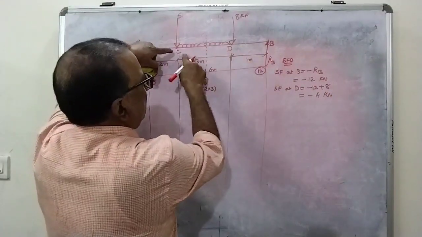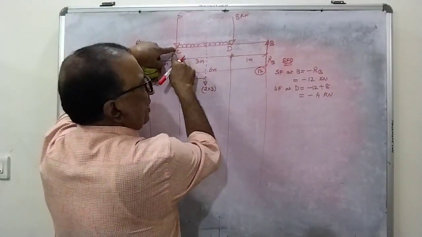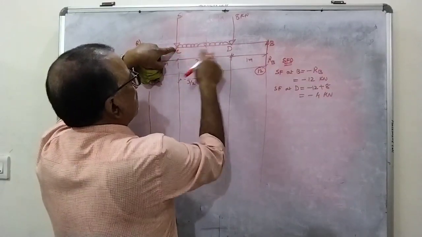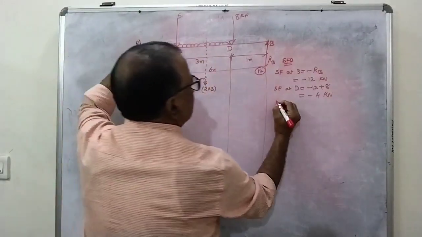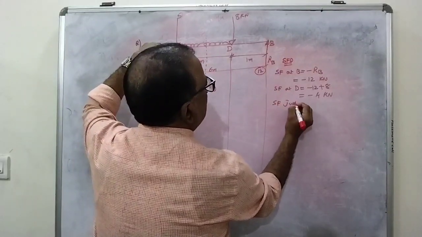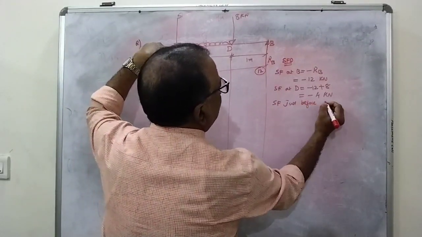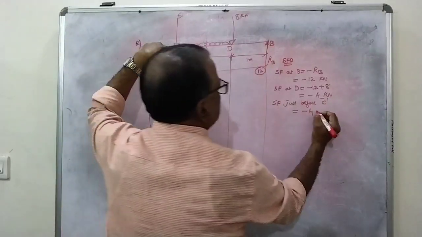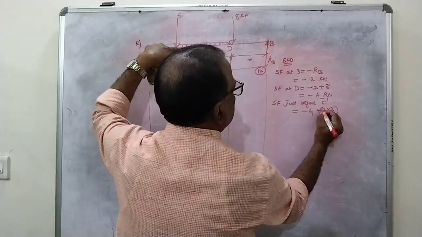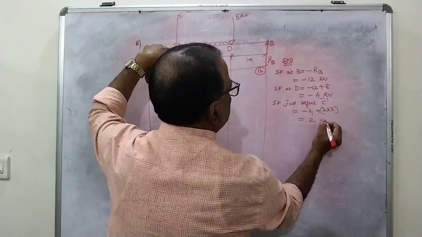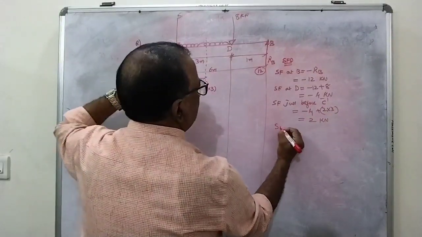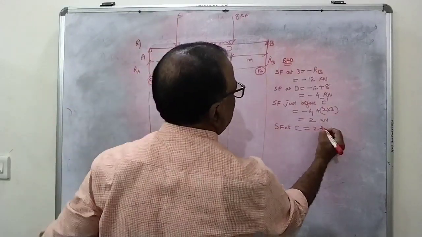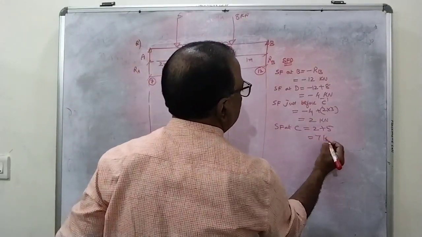And when you move further to the next point C, here you are getting UDL and point load. That's why it is your duty to calculate just before C. Previous value is minus 4. Downward is plus 2 into 3. It is coming to 2 kilonewtons. Next you calculate shear force at C. 2 plus 5 is equal to 7 kilonewtons.